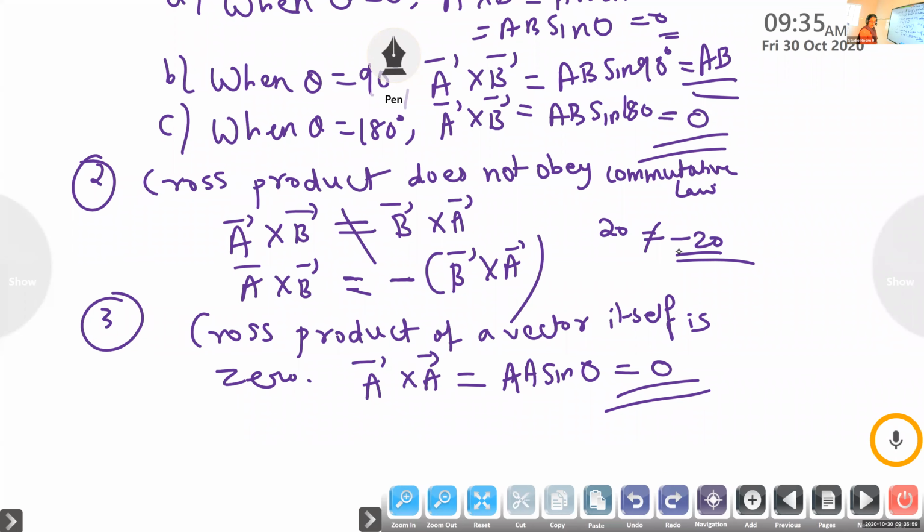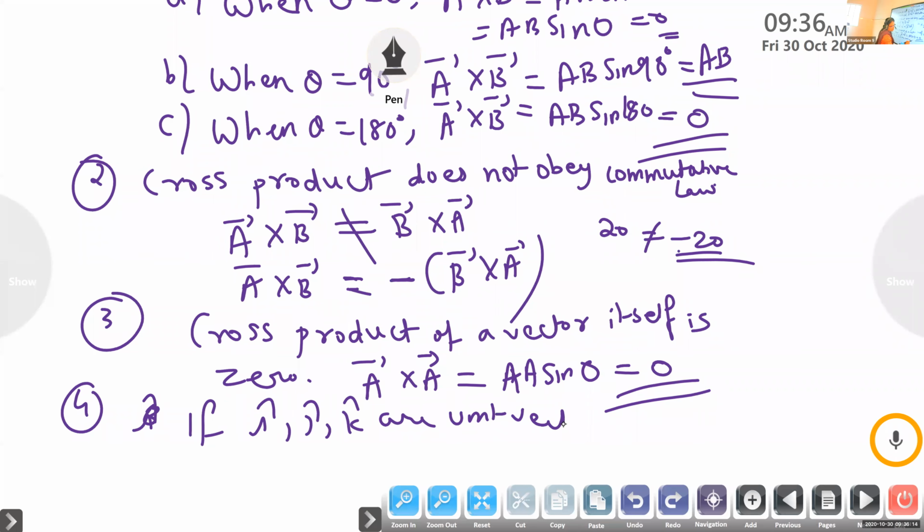Okay. Now unit vectors cross product. If i cap, j cap, k cap are unit vectors in the direction of x, y, z respectively, the same sentence you can write, but only here cross product.